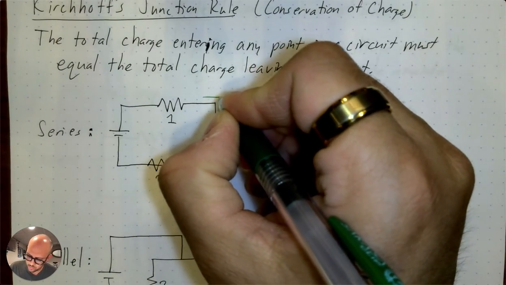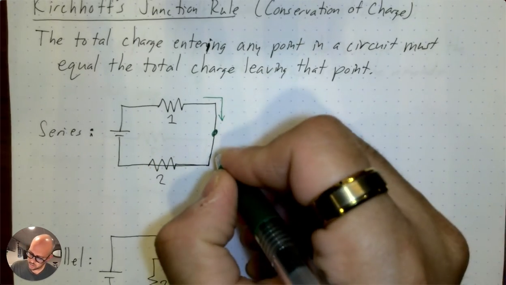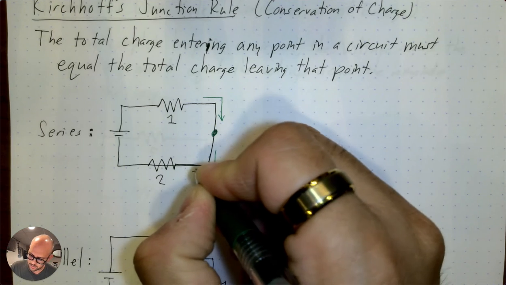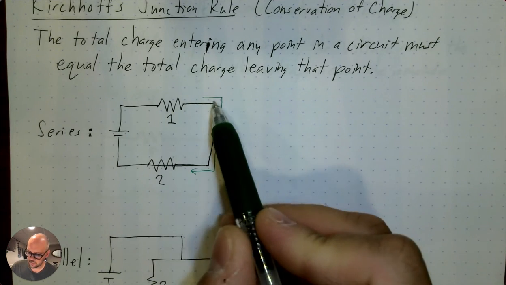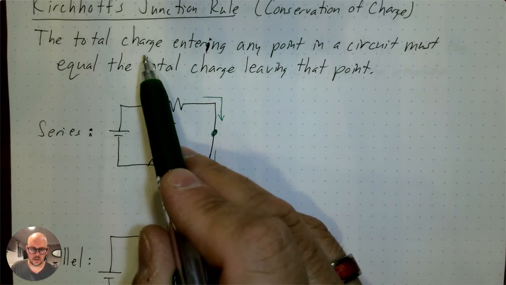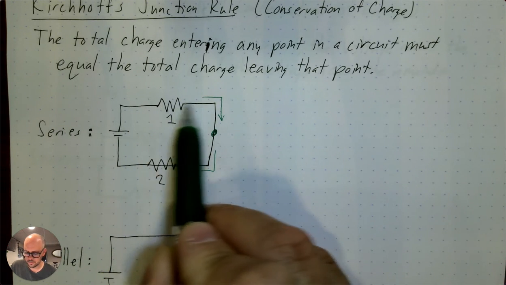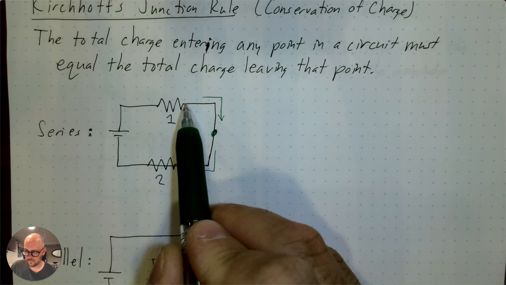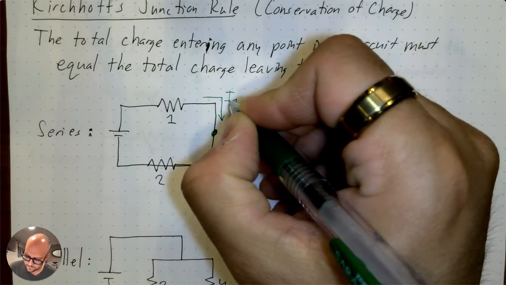So the rule says the number of electrons entering that point has to equal the number of electrons leaving that point. What that means for this circuit is that the total charge is represented by the current that's moving here. The total charge that moves through this resistor is the current through it, so I'm going to give that the designation I1.